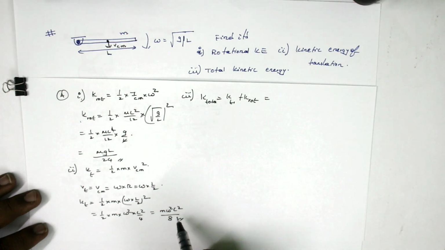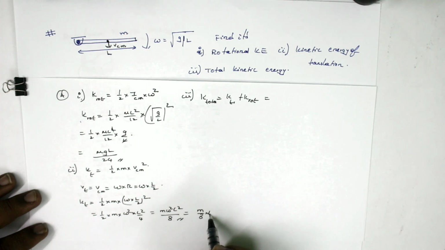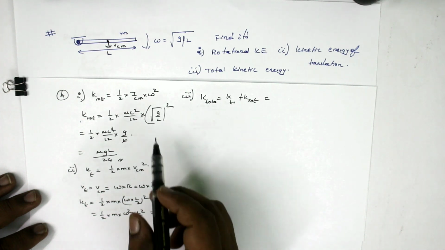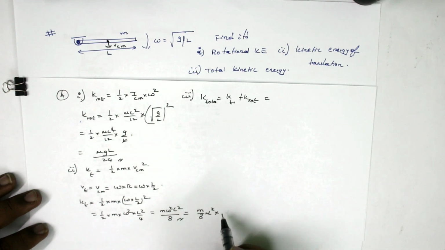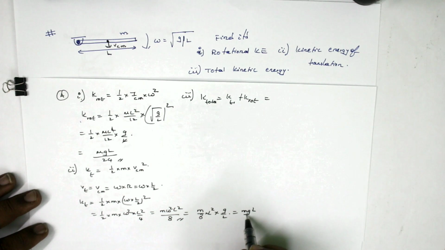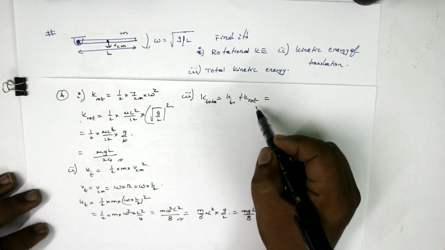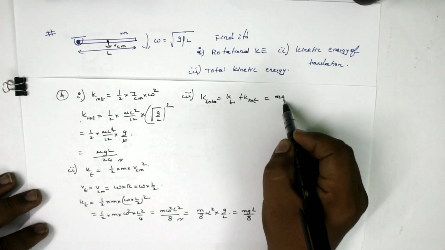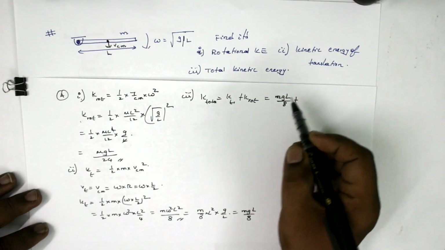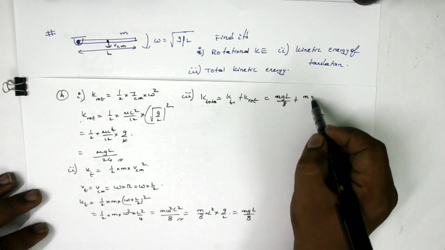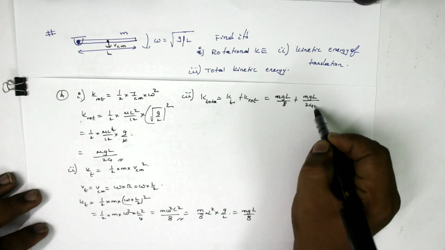Further we can simplify this one. We forgot simplifying this one. So m by 8 into L square into, instead of omega square we can write g by L. So this is mgL divided by 8. Now if I add these two, translational kinetic energy is mgL divided by 8 and rotational kinetic energy is mgL divided by 24.